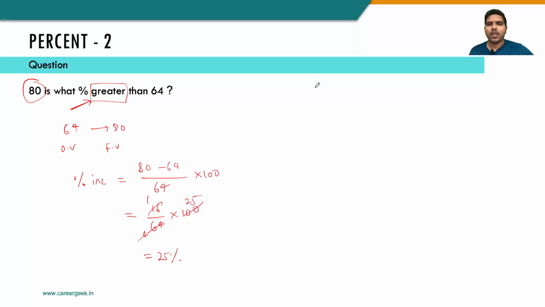Okay. Now, if the same thing, if they ask, let's say 32 is what percent less than 50? Nothing, just see this is less. What is less? Percent is less. That means the higher value is becoming the lower value.